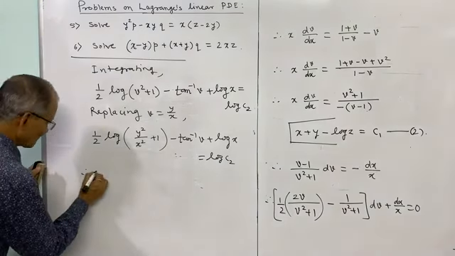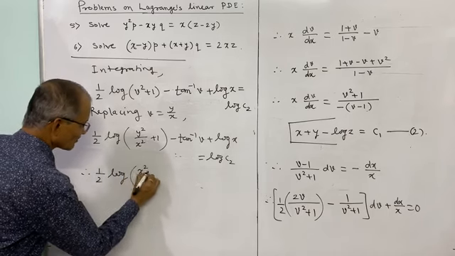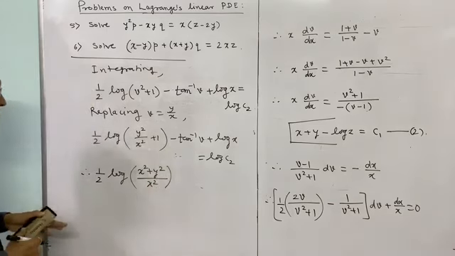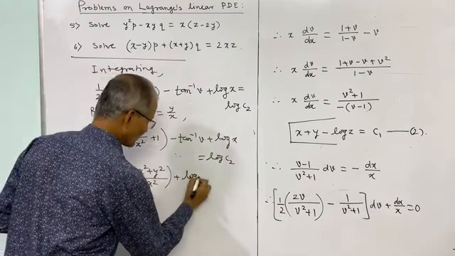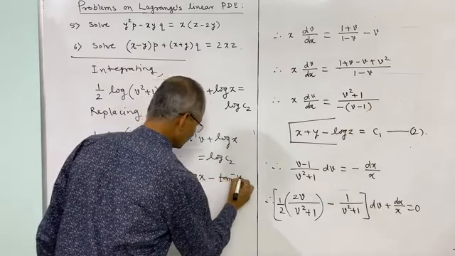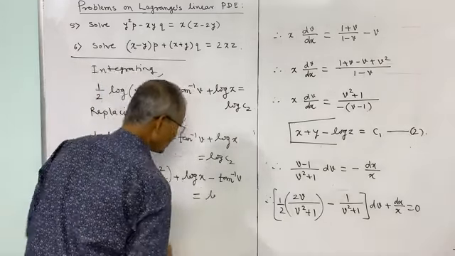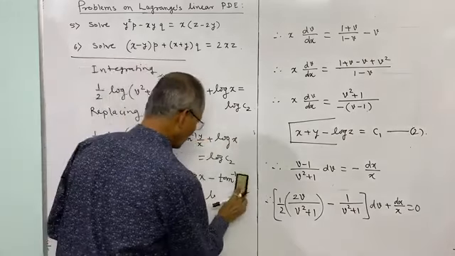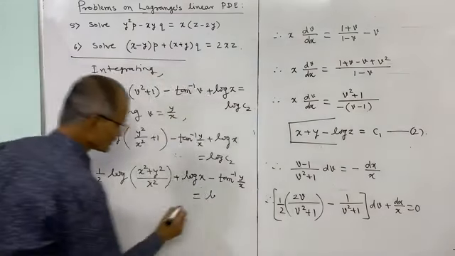So this is half log of (x square plus y square divided by x square) plus log x, and minus tan inverse v is equal to log of c2. What is v here? v also to be put as y upon x.